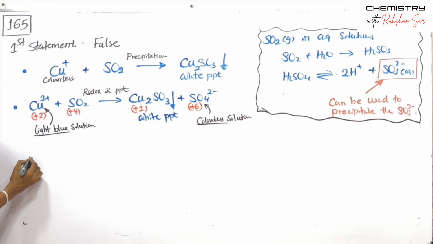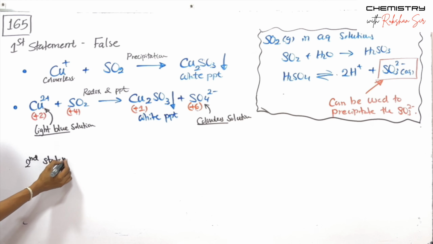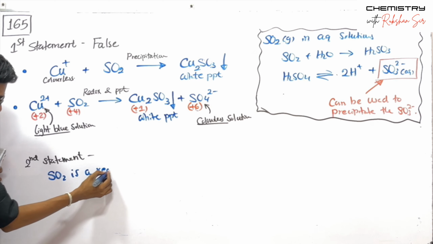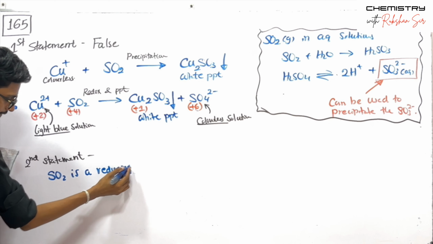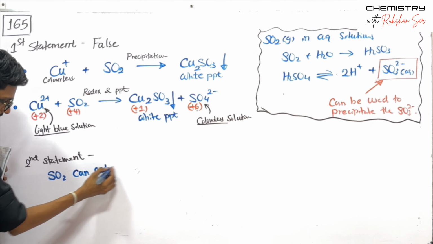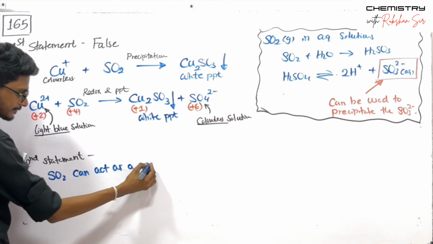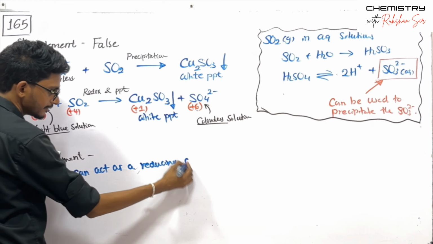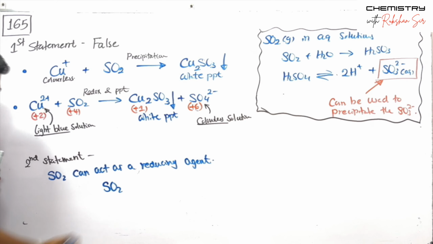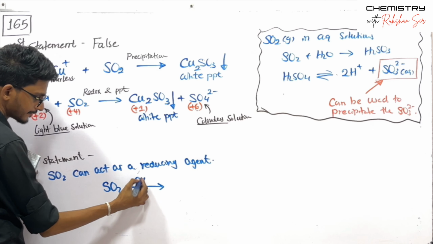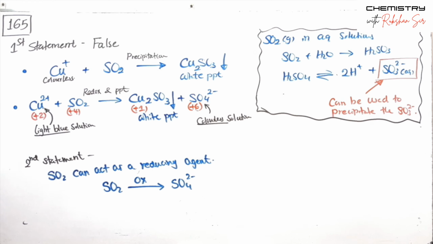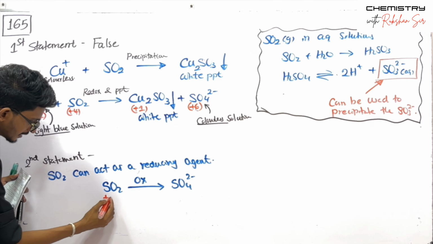The second statement. Yes, SO2 is a reducing agent. SO2 can act as a reducing agent. SO2 gets oxidized to SO4 2 minus, and the species which gets oxidized is referred to as the reducing agent.